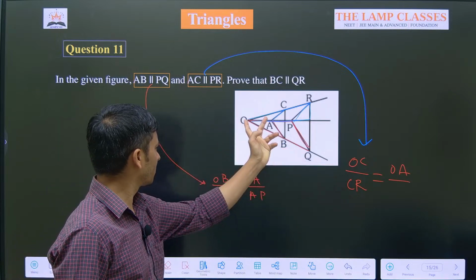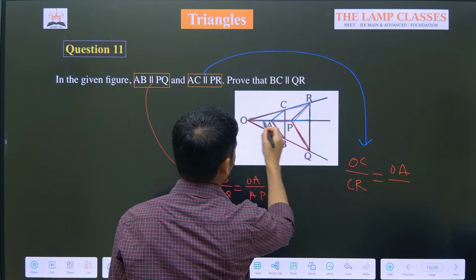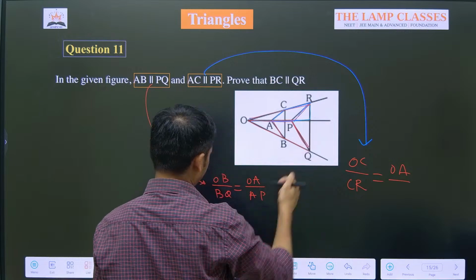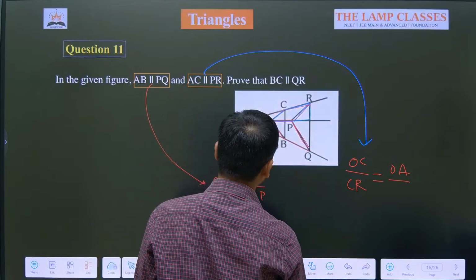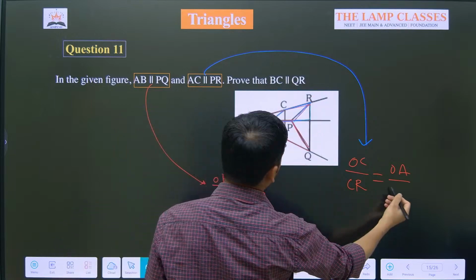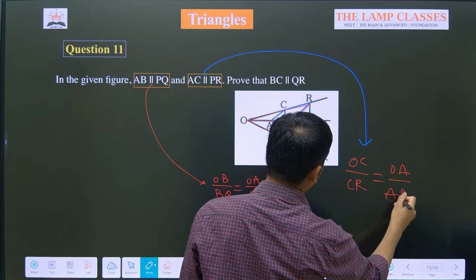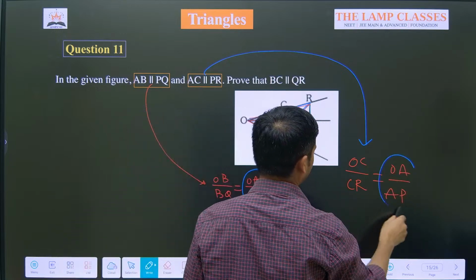This upon this is equal to this upon this. We are actually using this triangle, not the larger one, right? So OC upon CR is equal to OA upon AP, right? You can clearly see here this part and this part are same, right?